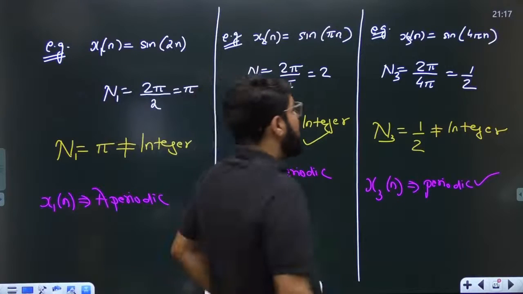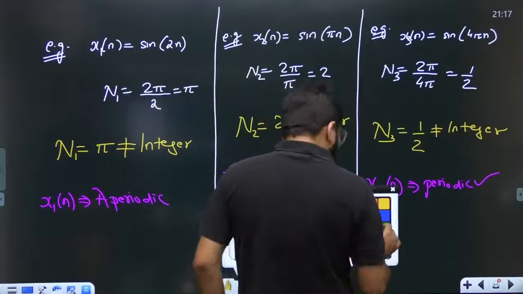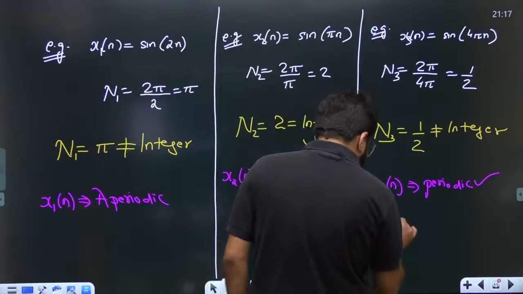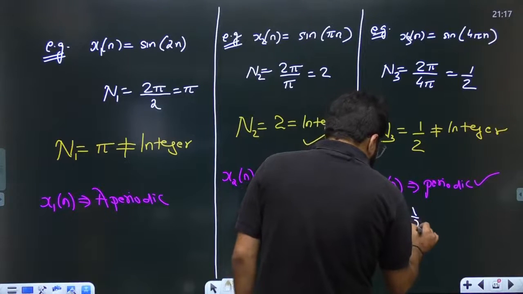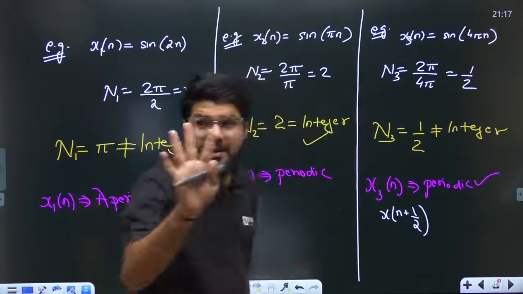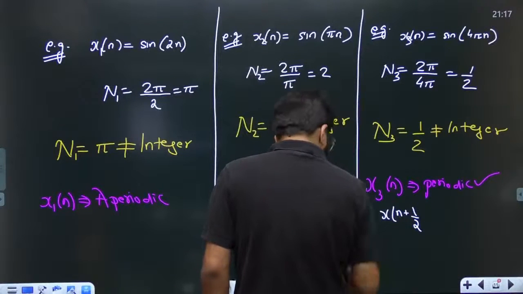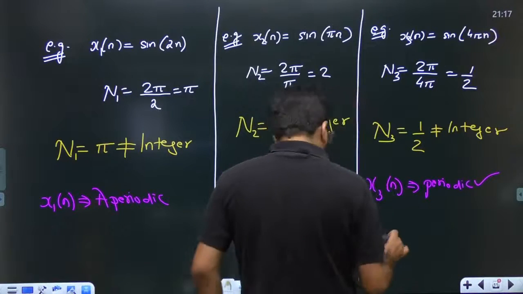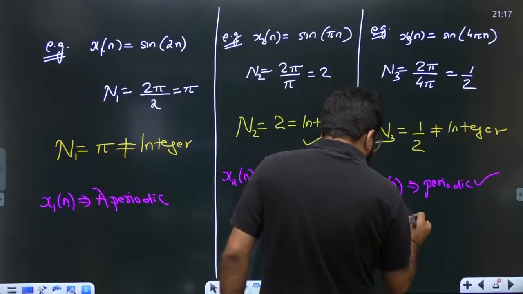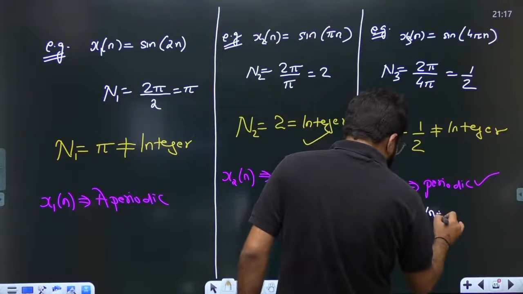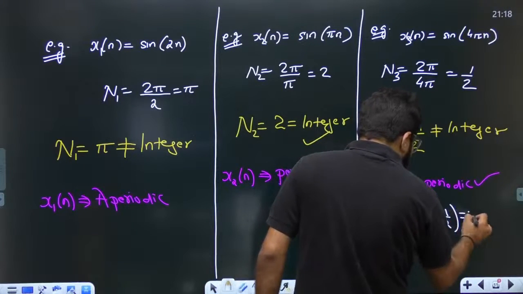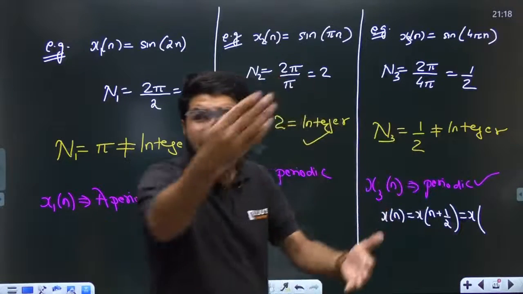So now I can say that the logic here is, if the time period turned out to be half, which is not an integer, mathematically I can say x of n is equal to x of n plus half. But since it repeats after half, it should repeat after another half.